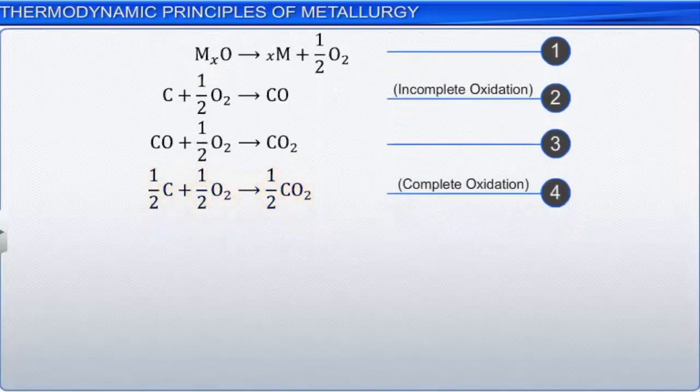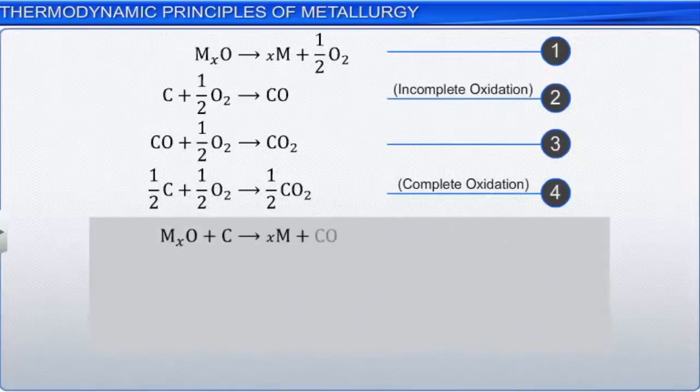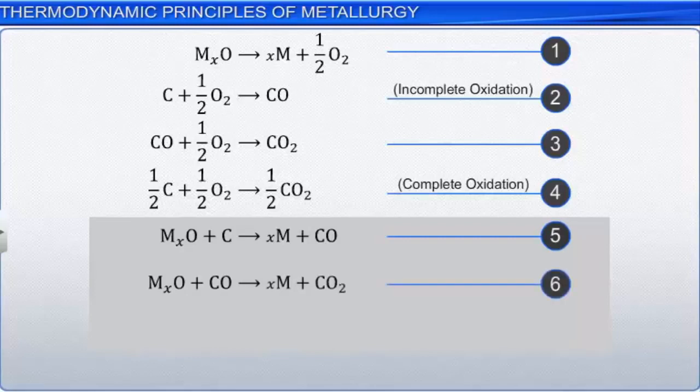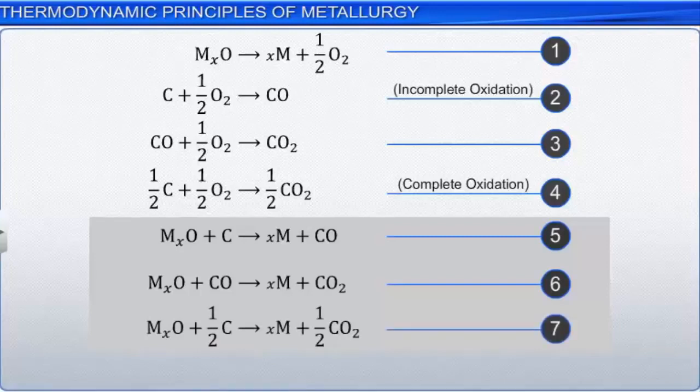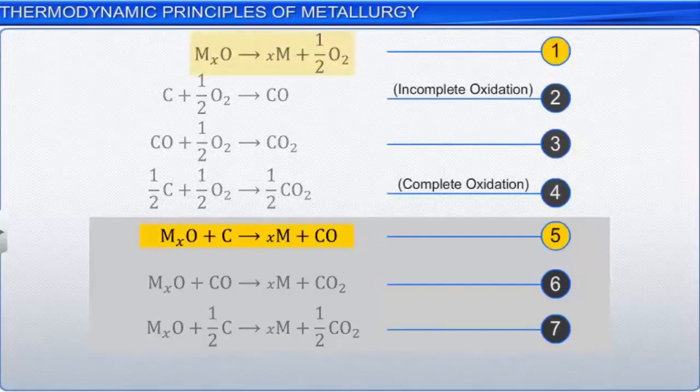The reduction of a metal oxide can thus be represented as MxO plus C gives xM plus CO, or MxO plus CO gives xM plus CO2, or MxO plus half C gives xM plus half CO2. As you can see, overall reaction 5 is the sum of reactions 1 and 2.